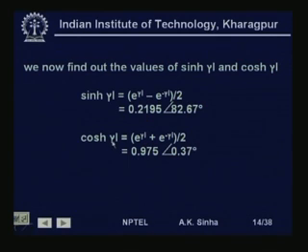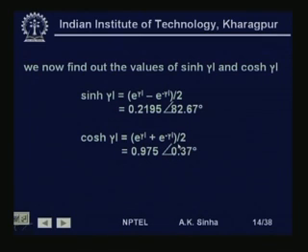Similarly, cosh gamma L is equal to e to the power gamma L plus e to the power minus gamma L, divided by 2, which on substituting the values of gamma L comes out to be 0.975 with an angle 0.37 degrees.